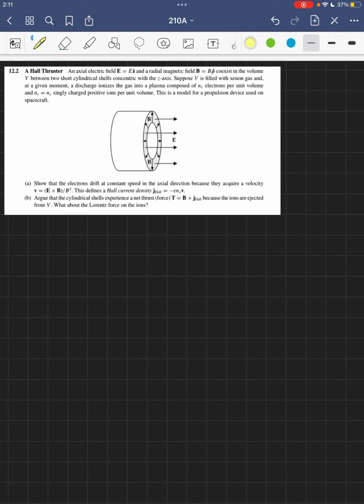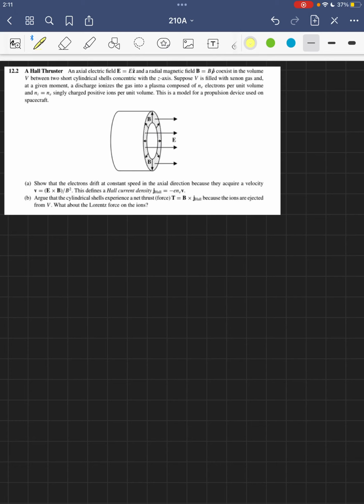We're going to get an electron drift, and this is getting into plasma stuff. These electron drifts result from the electric force density acting on the electrons canceling the magnetic force density acting on the electrons.